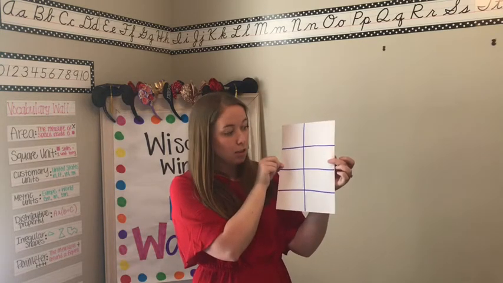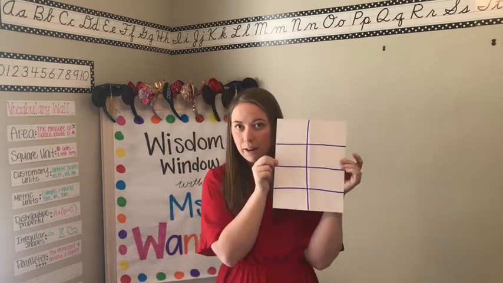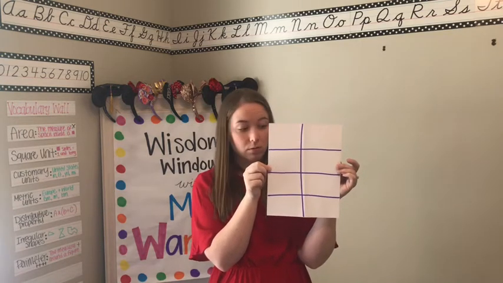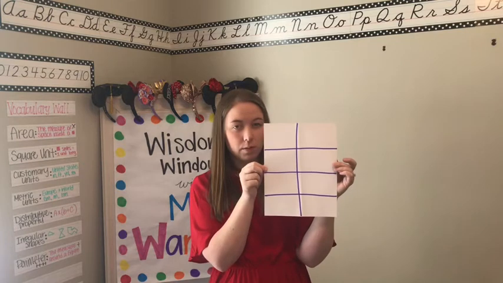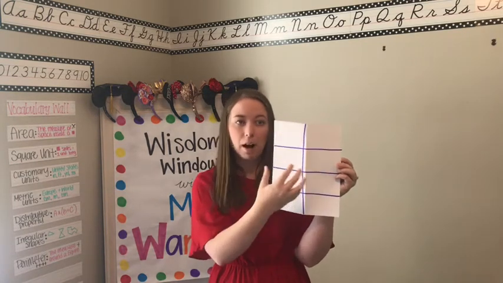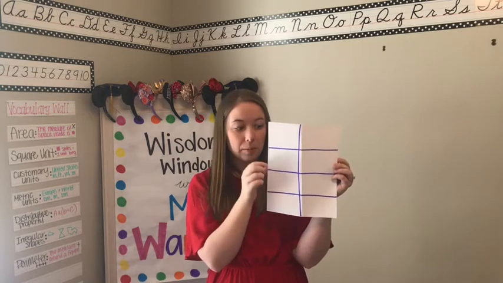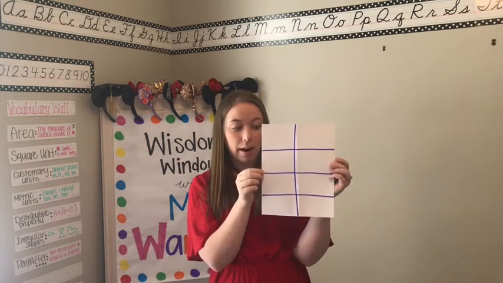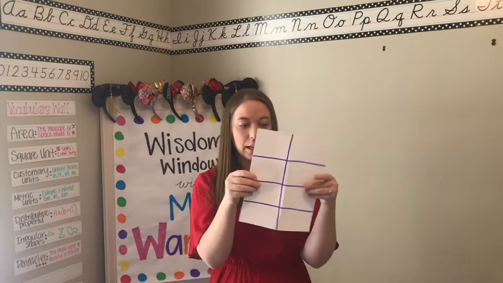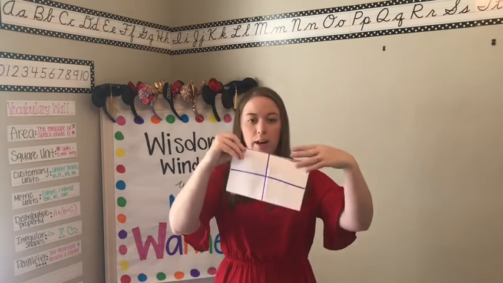Okay? So now, what's another way that we could divide this into 2 different equal parts? I want you to think about that. We can't move any of these boxes anywhere. They have to stay where they're at. Yeah, we could fold it hamburger style.